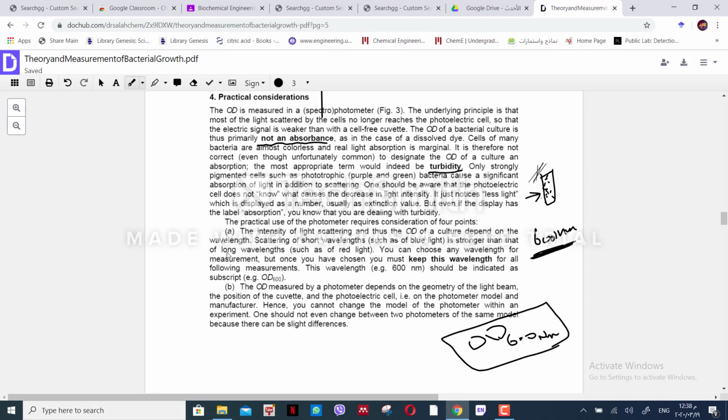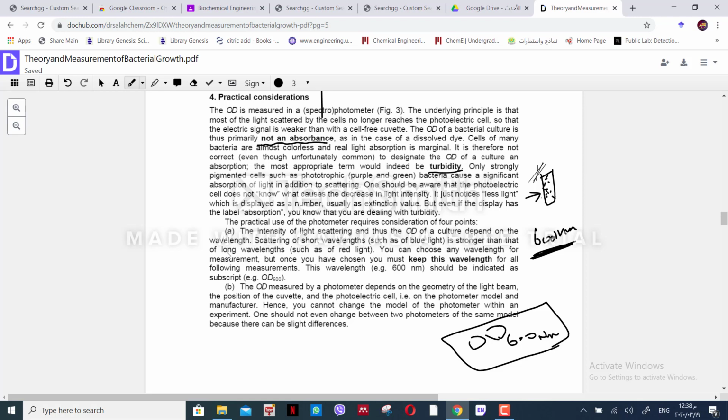The optical density measurement by a photometer depends on the geometry of the light beam, the position of the cuvette, and the photoelectric cell, i.e. on the photometer model and manufacturer. So if you have two photometers, when you use one, you have to complete your experiment with this one. You cannot move from this device to another device.